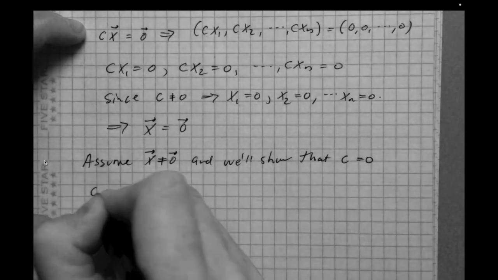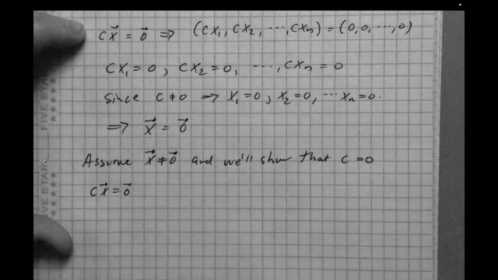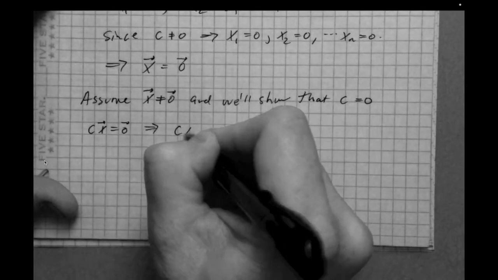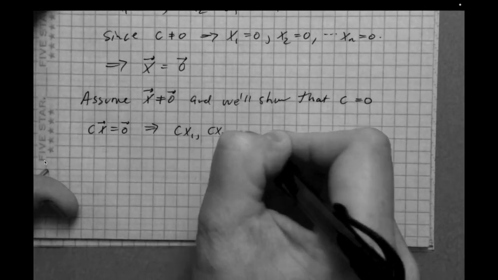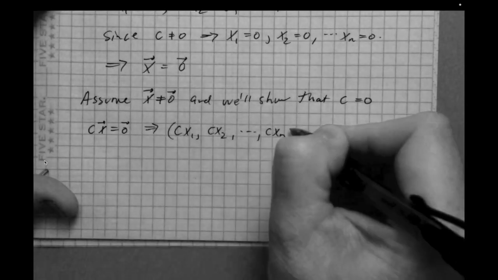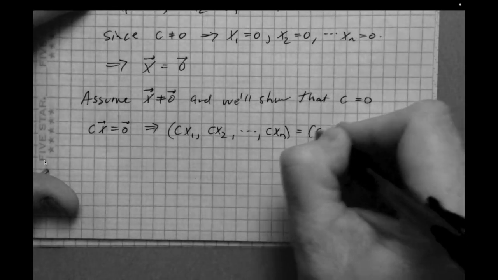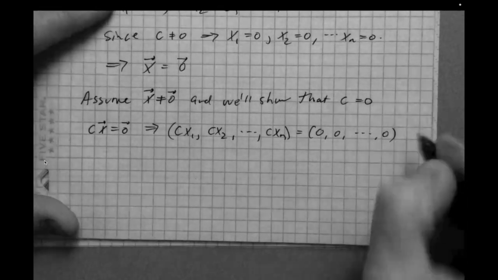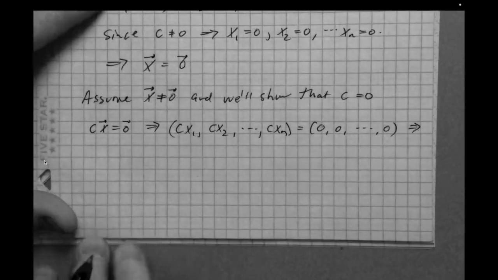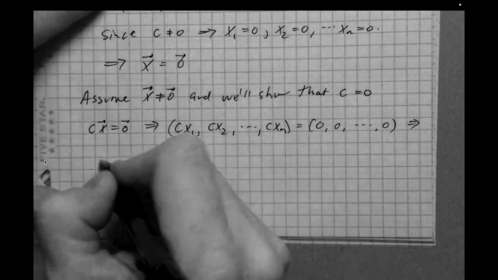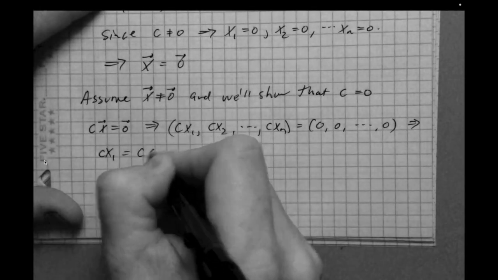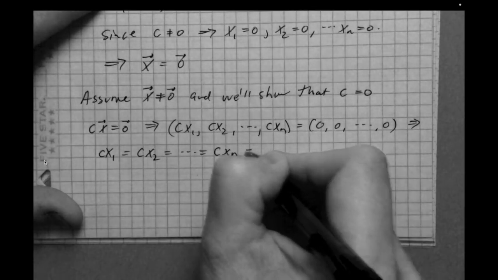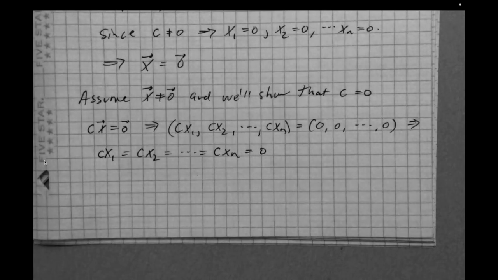Let's say C times X is equal to the 0 vector. So that implies that Cx1, Cx2, ..., Cxn is equal to 0, 0, ..., 0. And so Cx1 is equal to Cx2, which is equal to ..., which is equal to Cxn, all equal to 0.